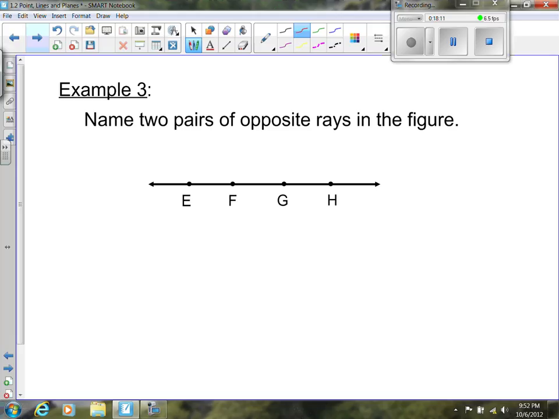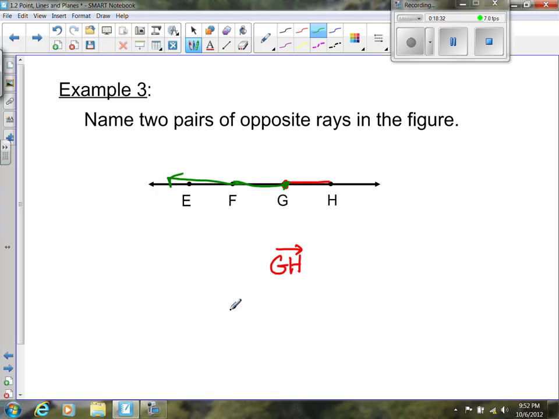Name 2 pairs of opposite rays. I'm just going to pick a point, G. If that's my initial point, I could have a ray that goes this way, ray GH. And now what if I wanted a ray that started at G and went this way?